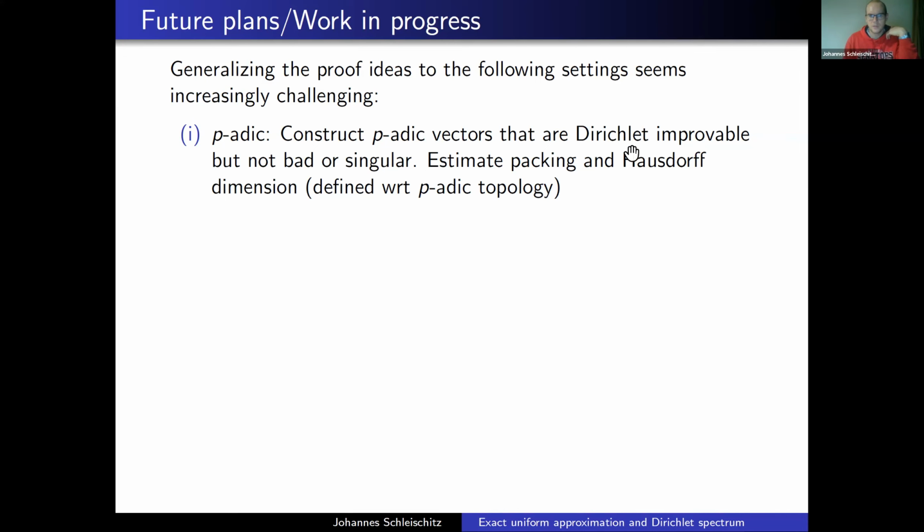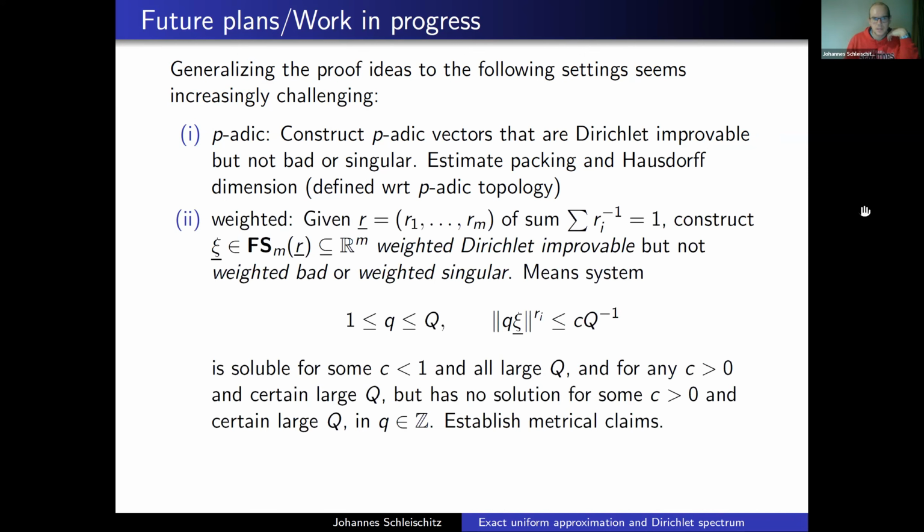Yeah, again, you can define Dirichlet improvable and bad and singular as for real vectors, and the same results will hold. And the next step is a little bit more difficult, but still shouldn't be too hard. A weighted setting. So I wrote in precisely what approximation by weights for simultaneous approximation means.